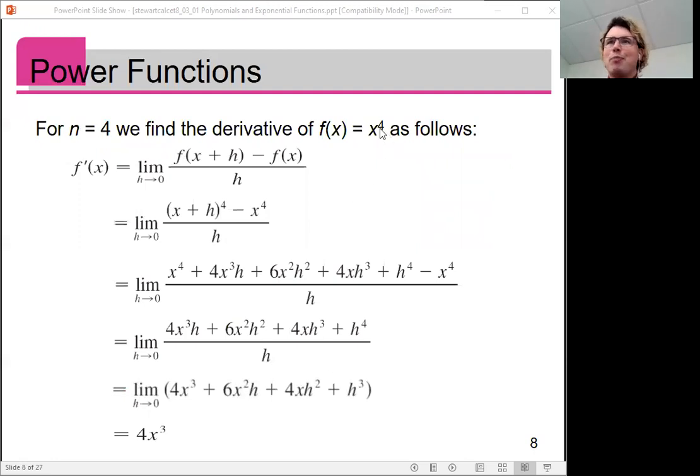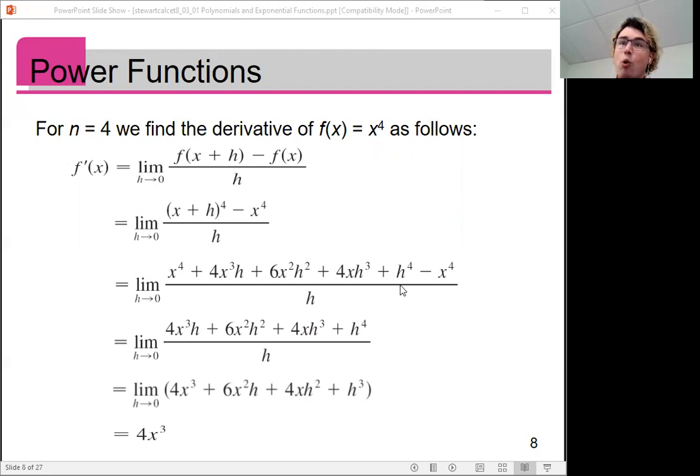taking x to the 4th power. My f prime of x is equal to the limit of my difference quotient. h is going to 0, and I have the quantity x plus h to the 4th minus x to the 4th, all over h. So I have to FOIL this out very carefully.